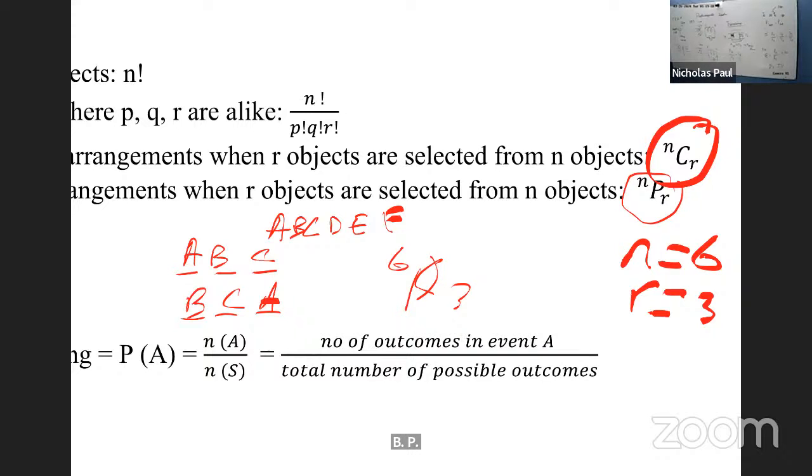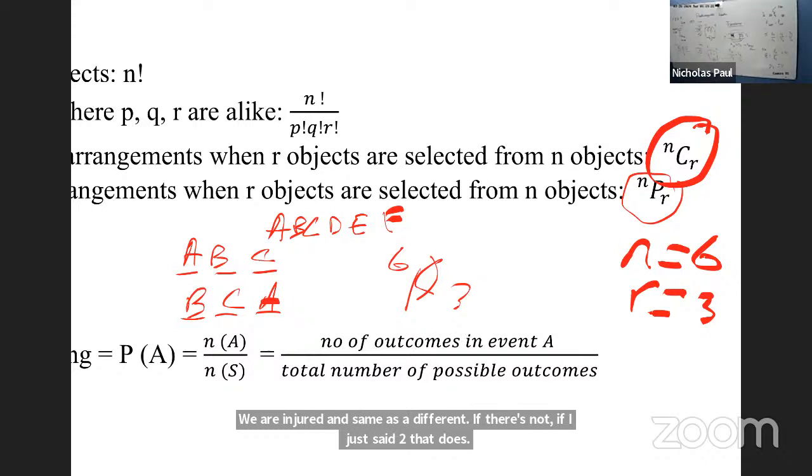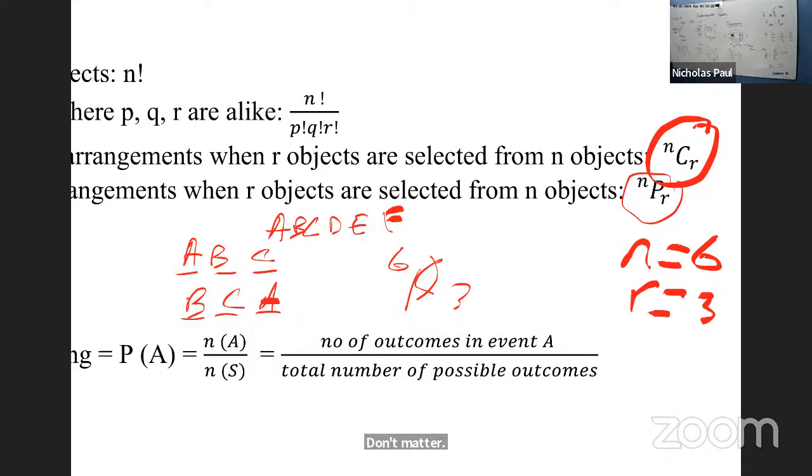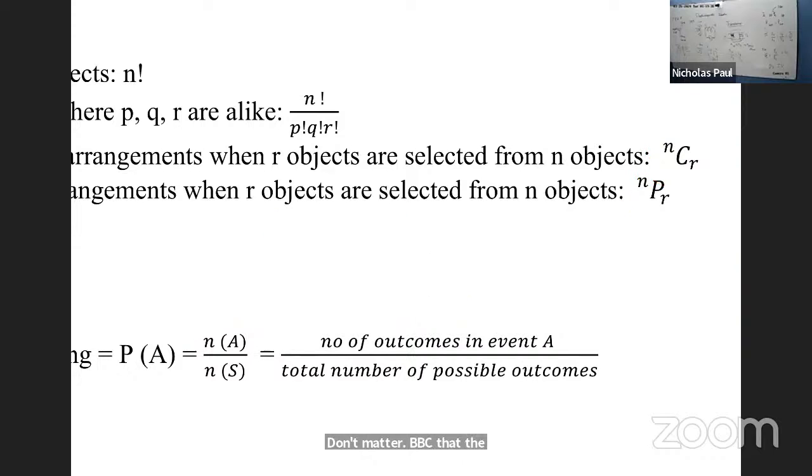Okay, P. So that's the way you figure out if it's C or P: make a selection, rearrange it, and see if it's a different outcome. If it's not, if I just said 3 letters, it doesn't matter; A, B, C will be the same as B, C, A. If I said words, then A, B, C is a different word from B, C, A. Okay, nice. So we have to remember how to arrange and how to select and arrange, right?